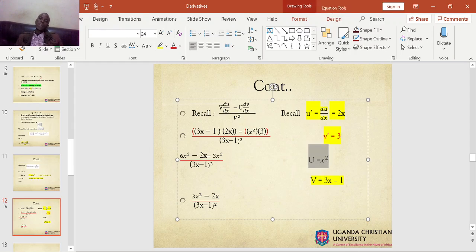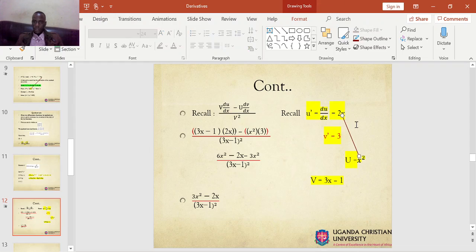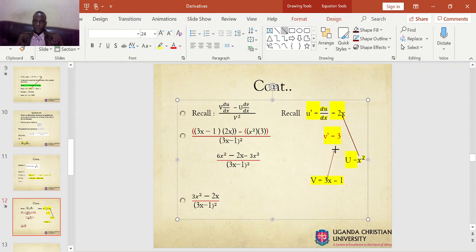We have our u, so from this we got that, and from this we got that. So we are now just substituting this into our formula.